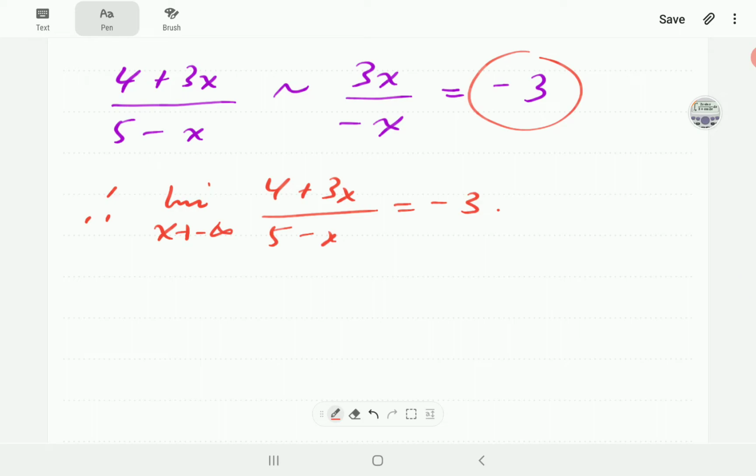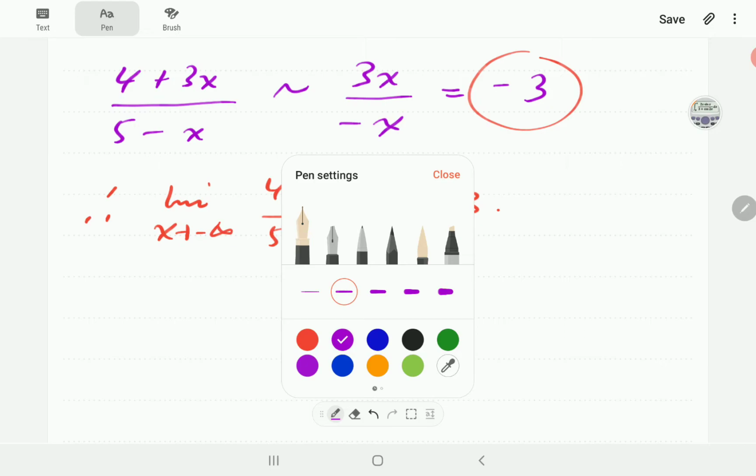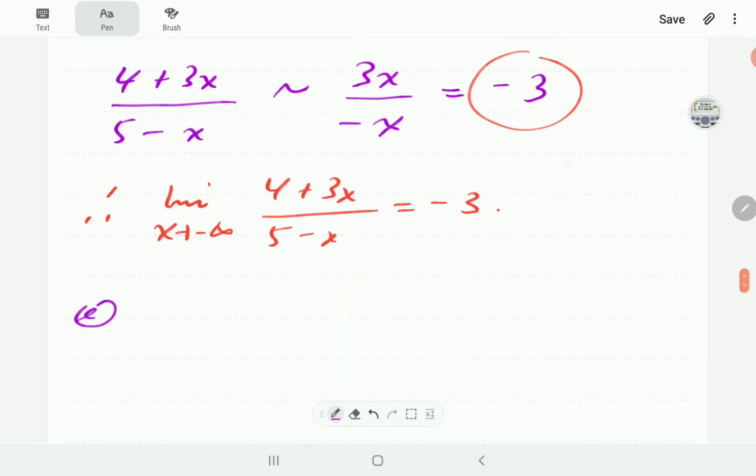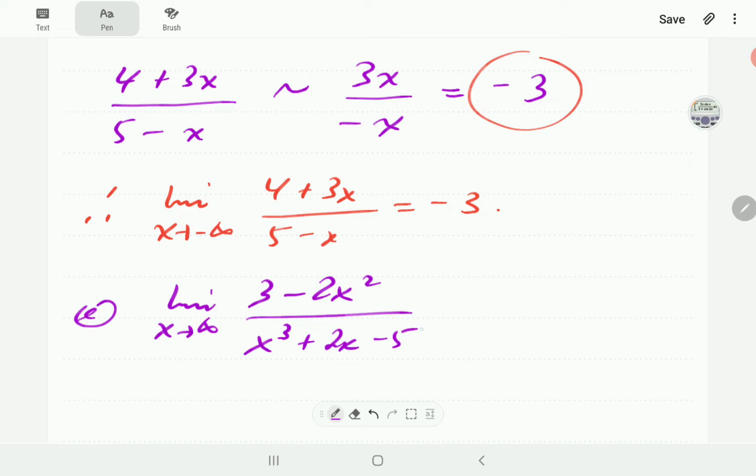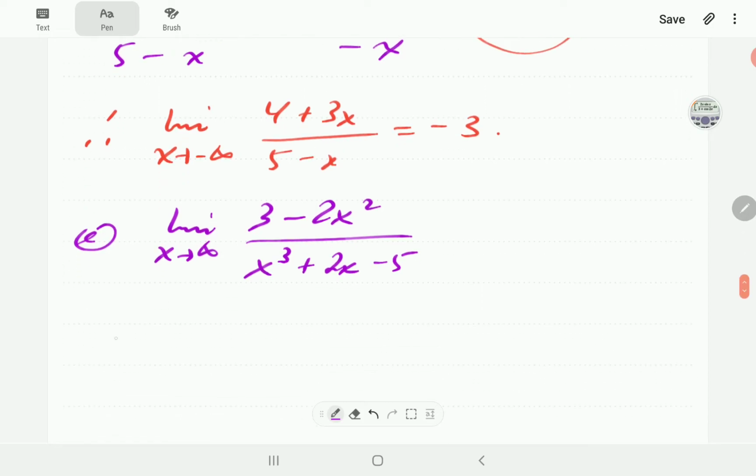Okay, so then we're going to go to D. Sorry, that was D, and we're going to go to E. In E, we have got the limit as x goes to infinity of 3 minus 2x squared all over x cubed plus 2x minus 5.